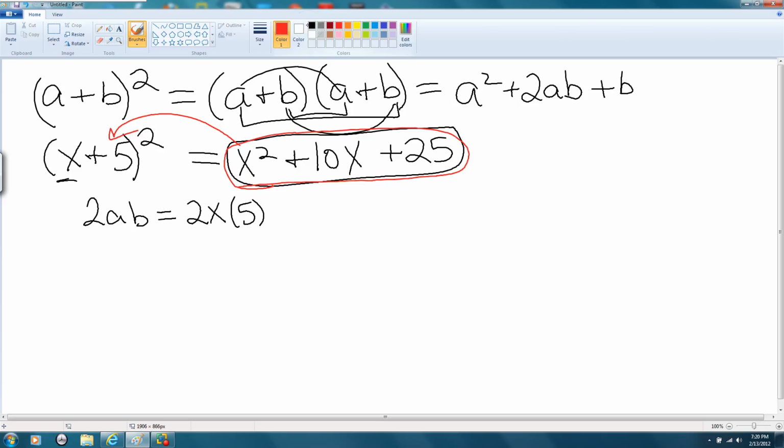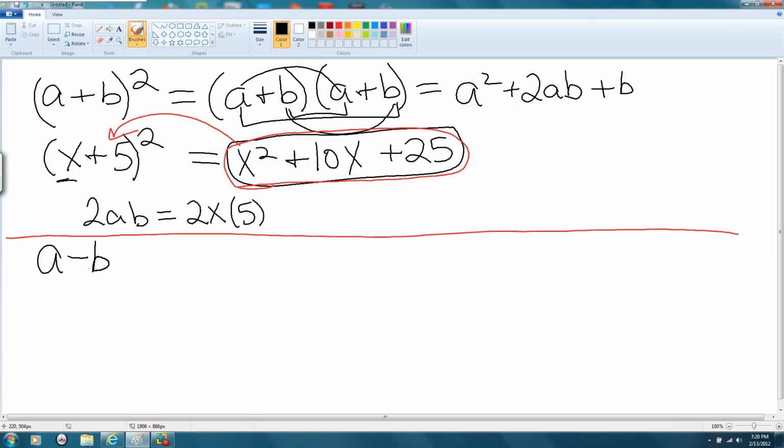Okay, I'm going to do another one now. I'll draw a line here. Let me get back to black. The other pattern is a minus b squared, which is equal to a minus b times a minus b.